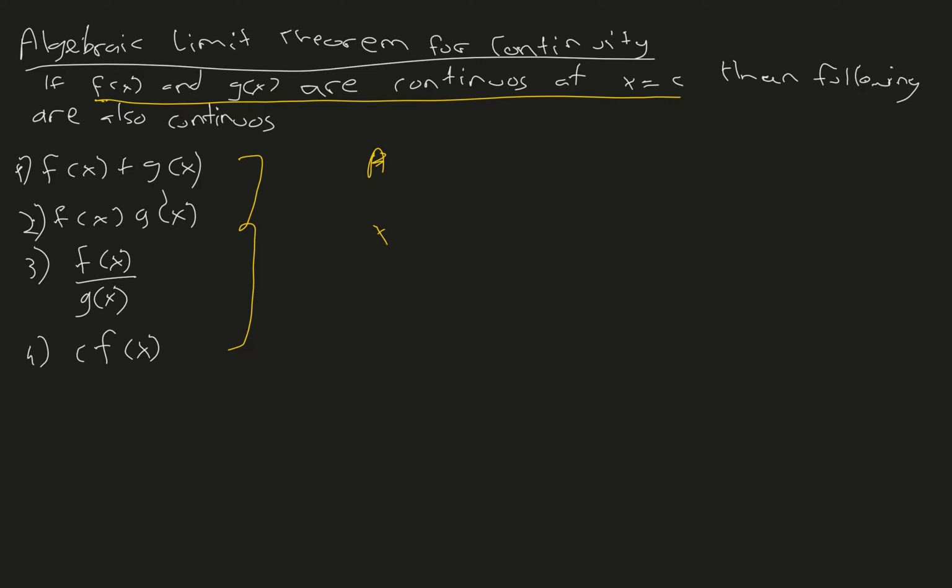For example, the polynomial x cubed plus 2x squared plus x plus 1 is always continuous because x cubed is just x times x times x, plus 2 times x times x, plus x, plus 1. We just said previously that f of x equals x is always continuous, and the algebraic limit theorem says that when we multiply two continuous functions, we will of course get a continuous function.